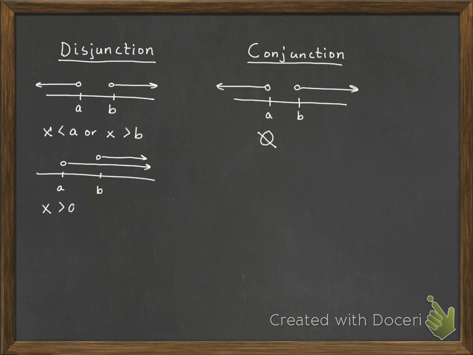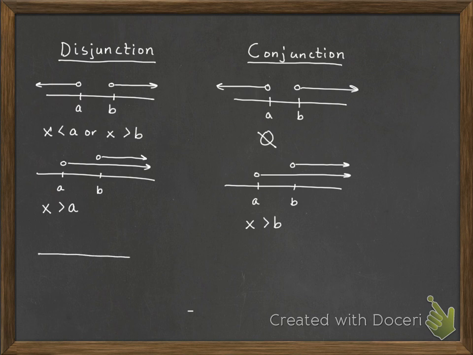So that would be x is greater than A, because the line that comes from A covers more of the number line than the one that comes from B. If that situation was a conjunction and they were both going the same direction, the conjunction requires that the answer give us when both lines are covering or overlapping the same part of the number line, which would be x is greater than B, because both of the solutions are overlapping, picking up at B and going on to the right.